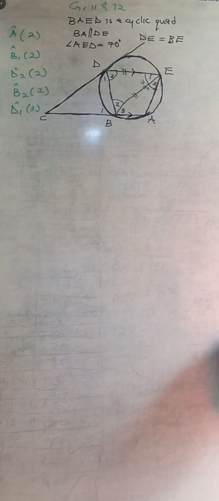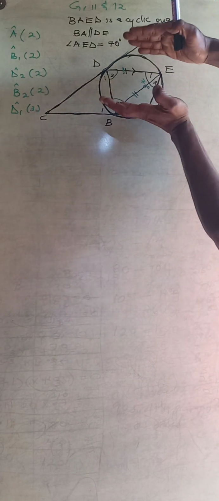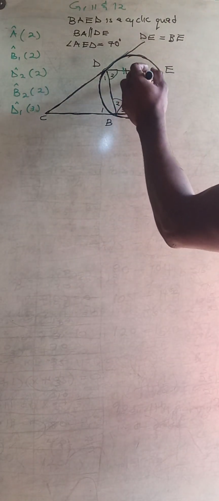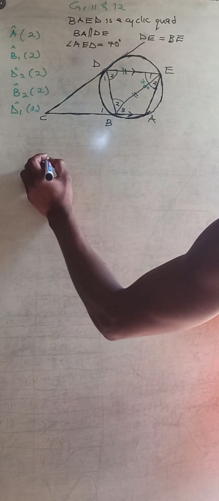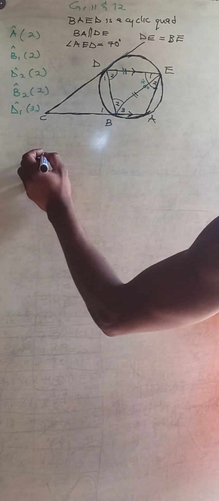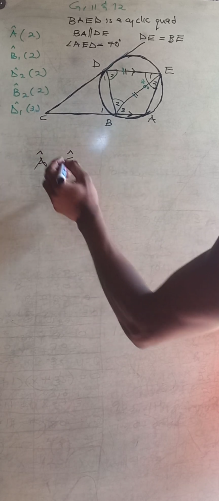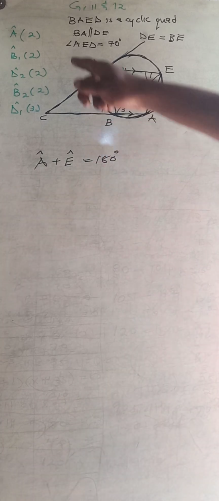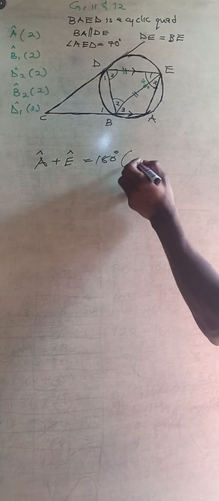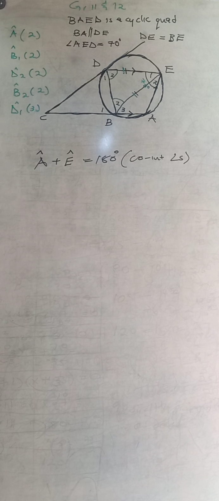So if you check here, this line is parallel to this line, so these two angles are co-interior. So we will say angle A plus angle E is equal to 180 degrees. They said we should give reasons as well. The reason is that they are co-interior angles, and co-interior angles are supplementary.